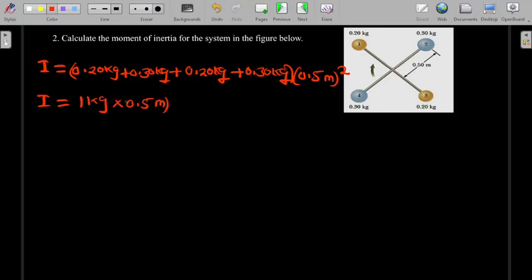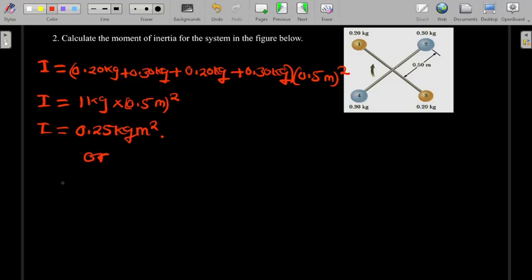Then don't forget to square the radius. So the moment of inertia becomes, first we add all the masses, 0.2 plus 0.30 plus 0.20 plus 0.30, which gives 1 kg. Then we multiply this by the radius, which is 0.5 meters, and don't forget to square the radius. So we multiply 1 by 0.5 squared. This gives 0.25 kg meters squared. So you see, we are getting the same answer.